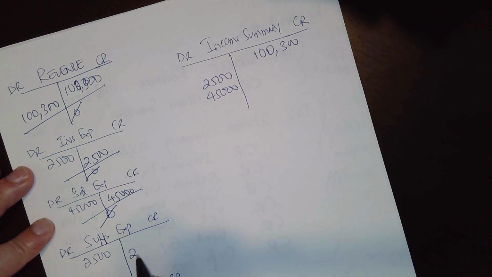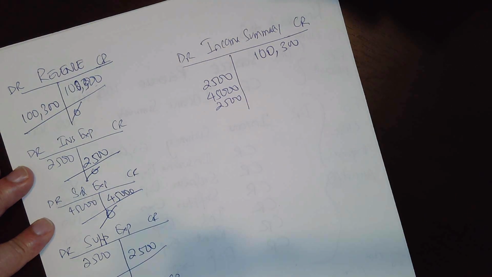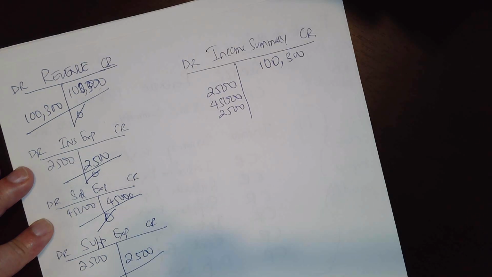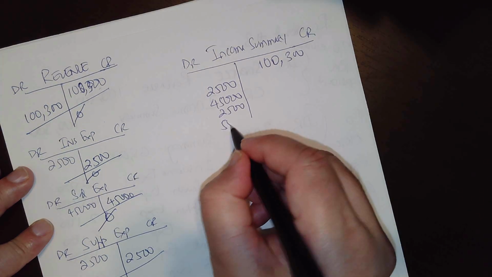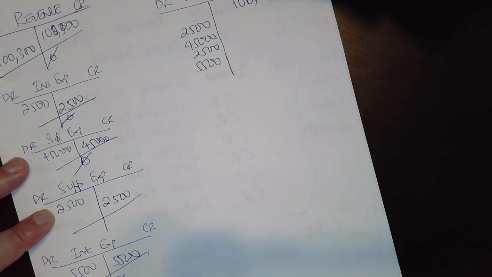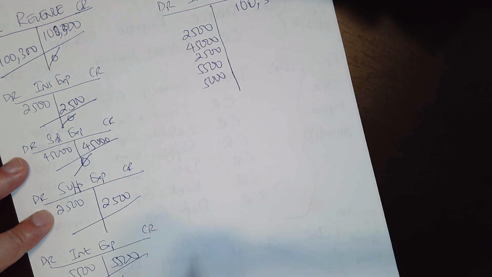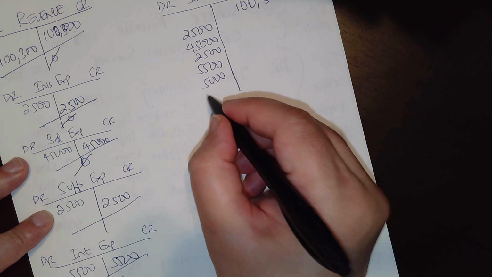You're putting the credit over here 2,500, so putting 2,500 here, and then 5,500 over here to cancel it out. 5,500 goes over here, and then 5,000 over here to zero out, and then 4,500 over here to zero it out.